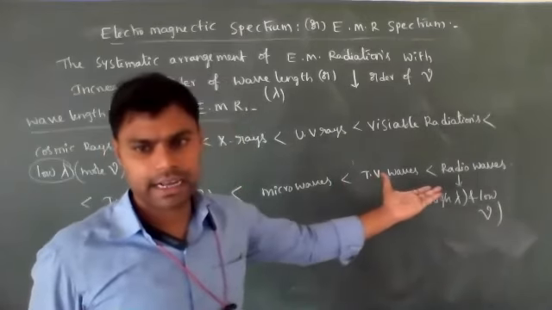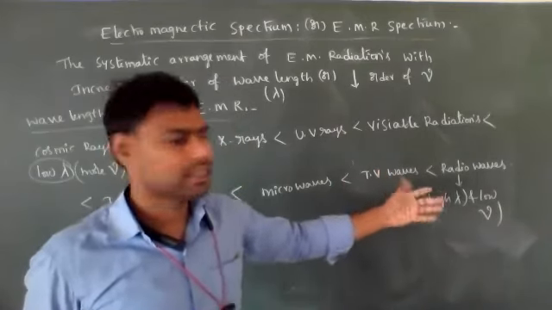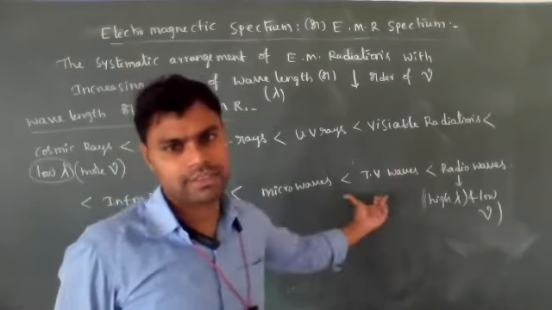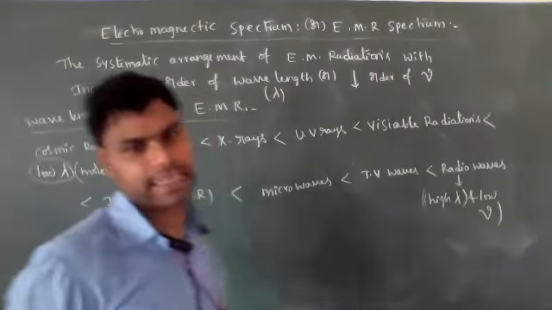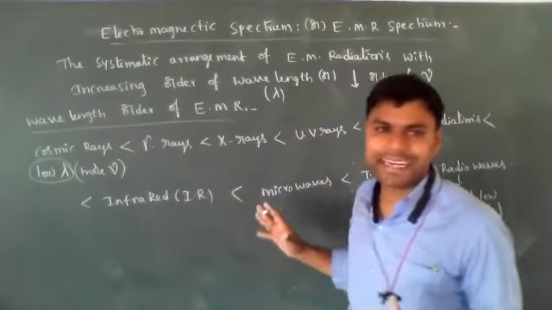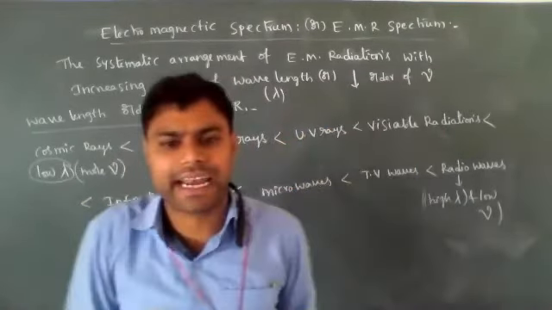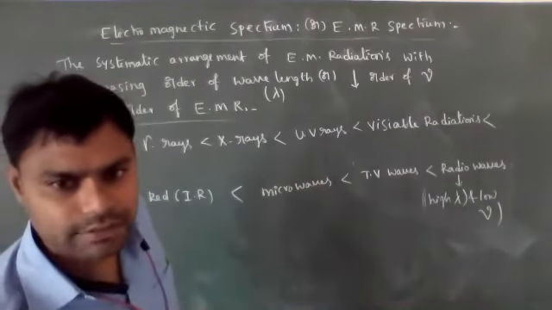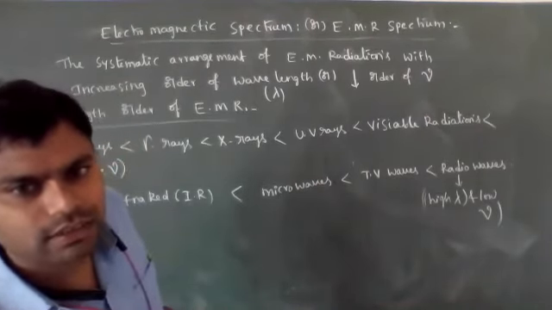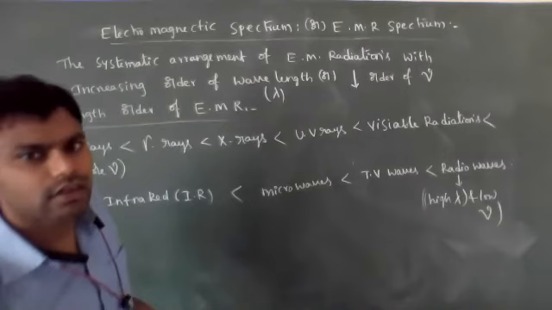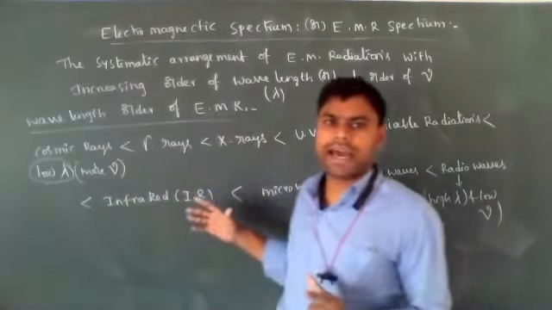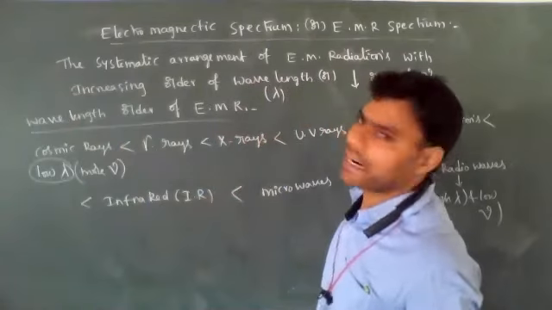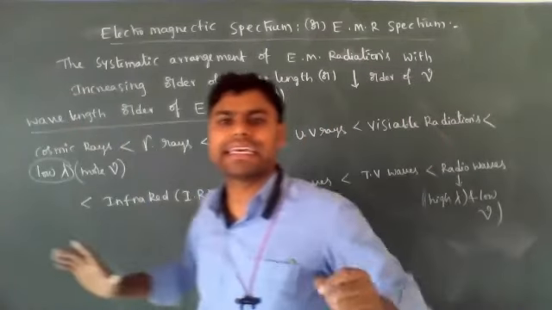Mobile phones, radios, and TV channels work because of these radiations only. So these are the importances of electromagnetic radiations, and arranging them systematically is known as the electromagnetic spectrum or electromagnetic radiation spectrum.